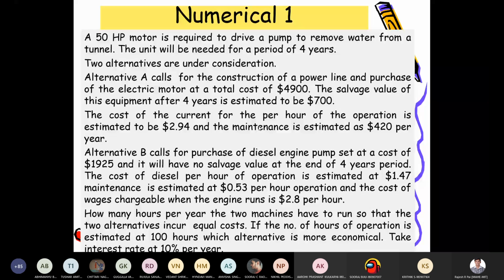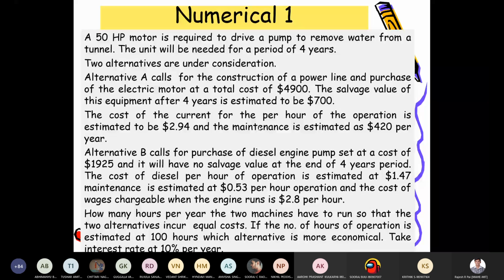We need to calculate how many hours per year the two machines have to run so that they incur equal cost.